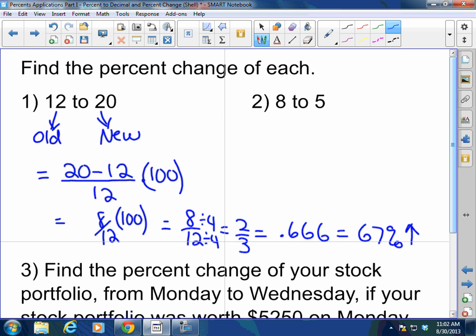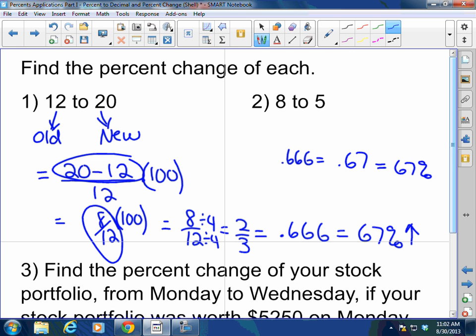Why was it an increase? Because I had a positive value. I had 8/12, so that's positive. How did I go from 0.666 to 67%? Remember, 0.666 rounds to 0.67, and then I got to go 2 places to the right, or in other words, multiply by 100, and when I go 2 places to the right, it gives me 67%.